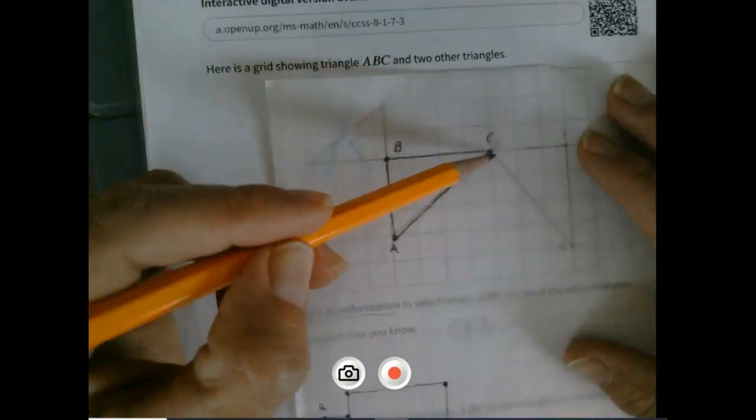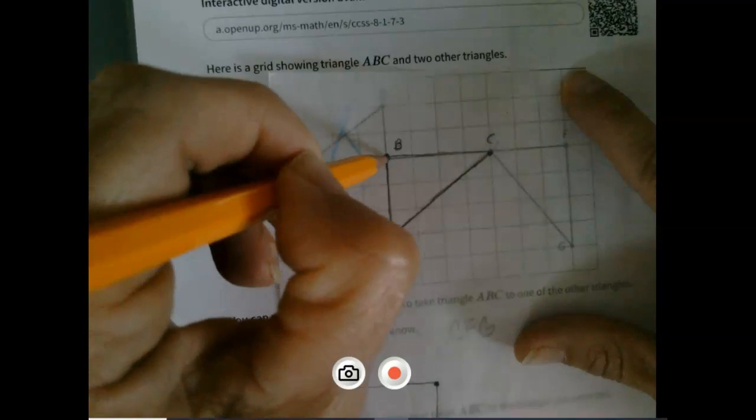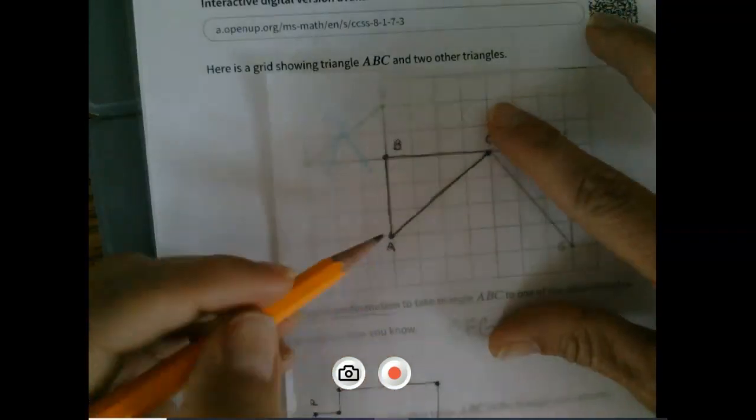If we did it around point C, and we rotated him at any point, he doesn't ever line up. Even if we go counterclockwise, it doesn't work. If you chose B, it wouldn't bring him over far enough. And with A, it wouldn't bring him over to the correct spot.